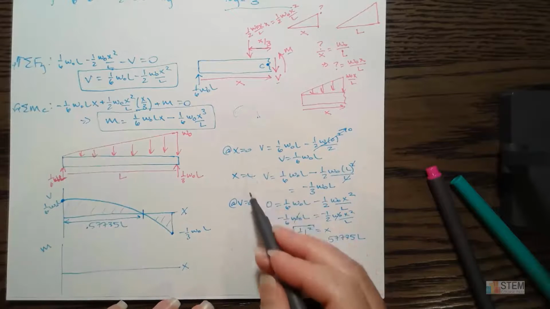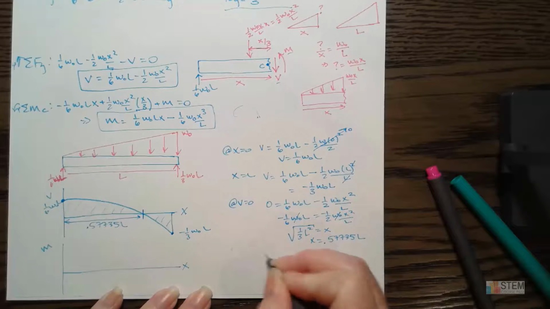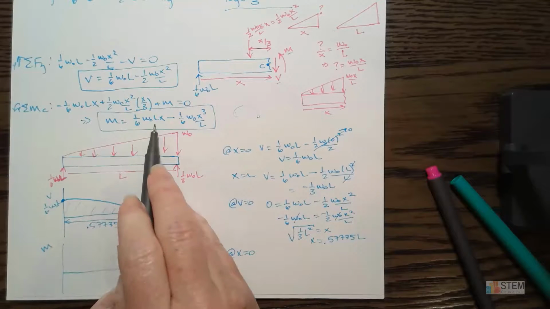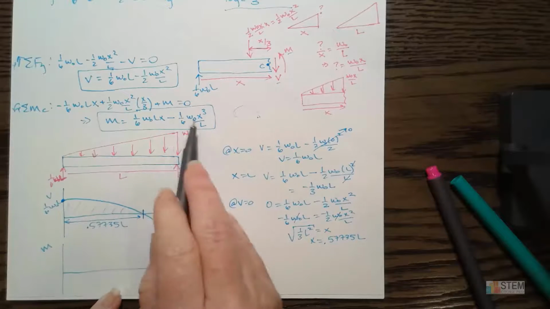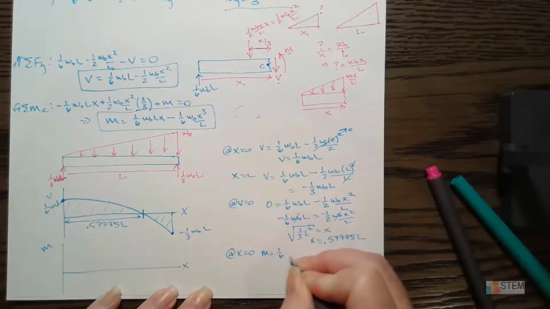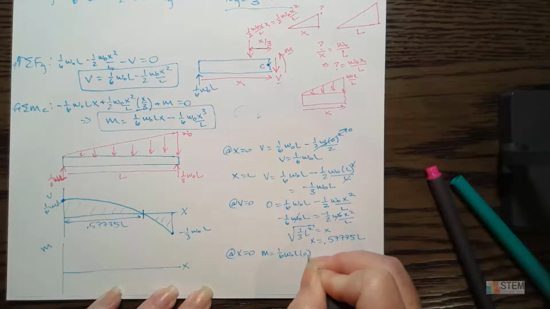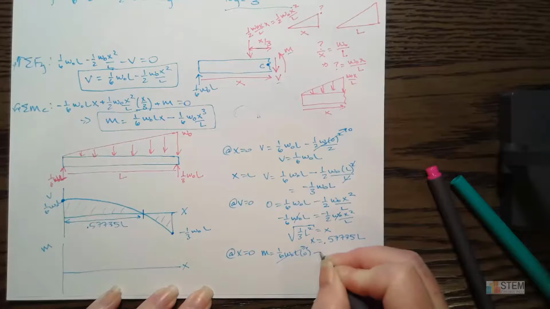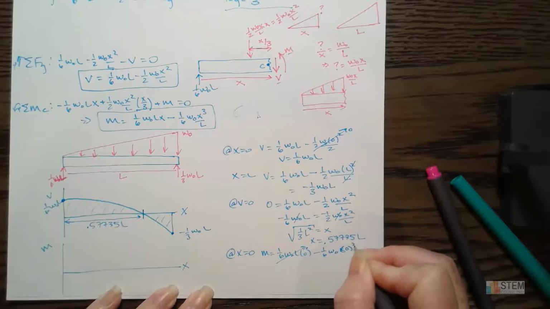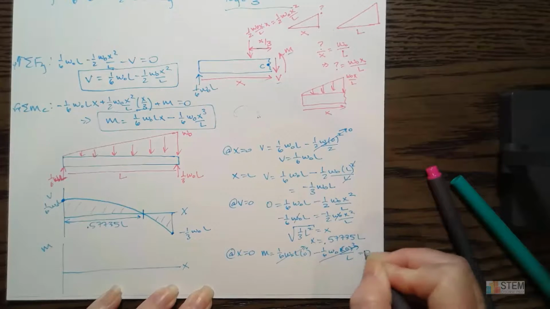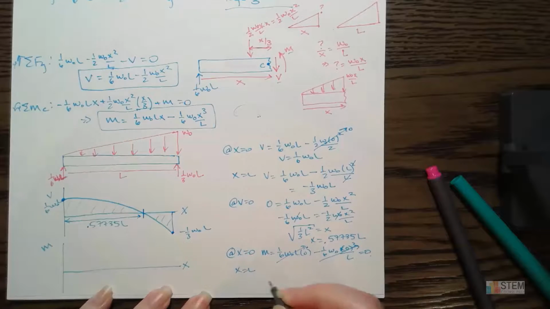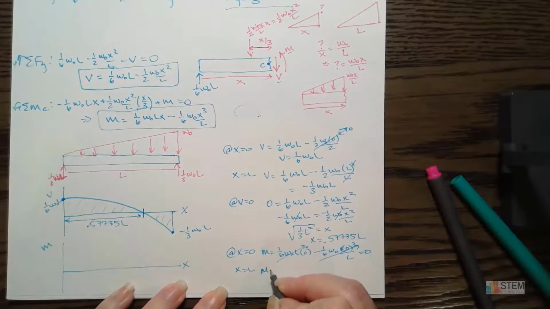So I want to do the same thing we did here. I want to look at the boundaries. So x is 0, so plug x in here, so 0 everywhere x is. So that means we're going to have basically 0, right? Because this first term goes away, and so does the second term. So we start at 0, and then at x equals L, what are we going to get?